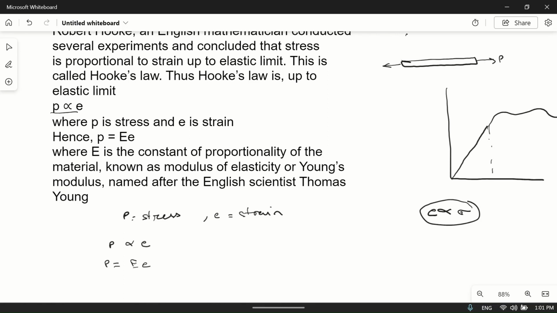Here E is called the constant of proportionality, which is called the modulus of elasticity or Young's modulus. It is named after the scientist Thomas Young. So this is called Hooke's law. Here stress is proportional to strain. Here P is stress, E is Young's modulus, and e is strain.